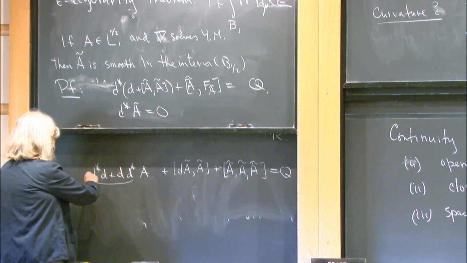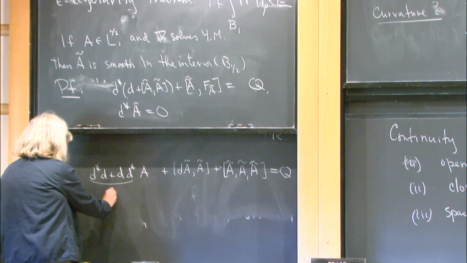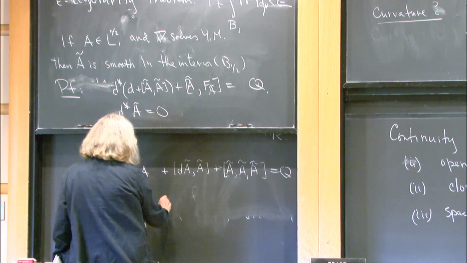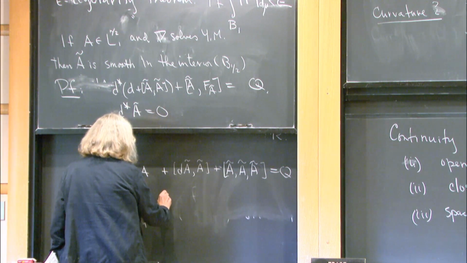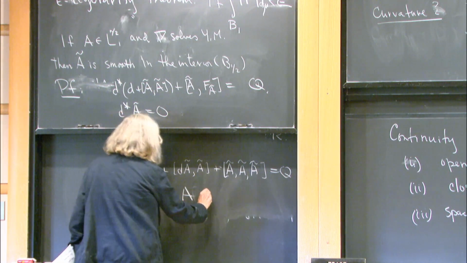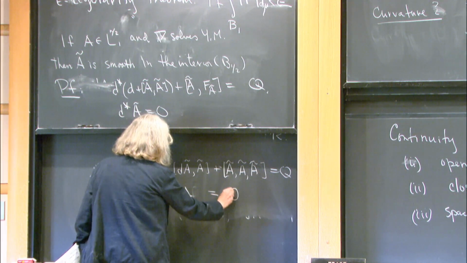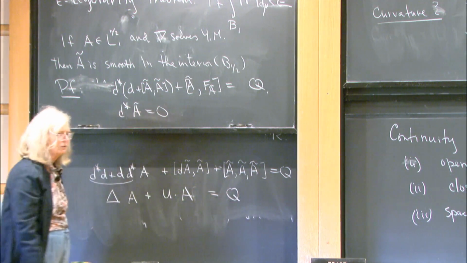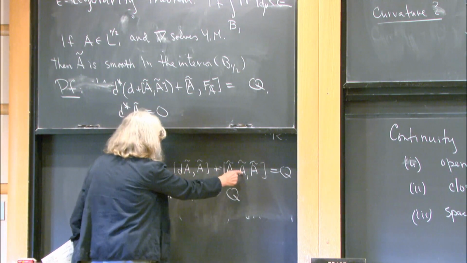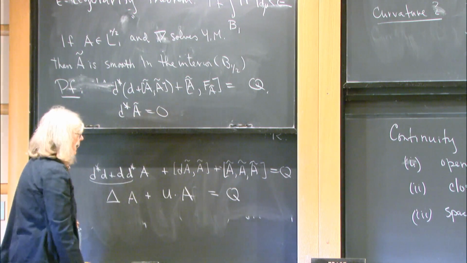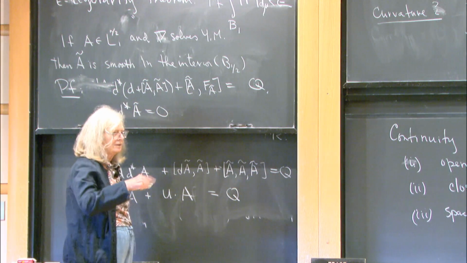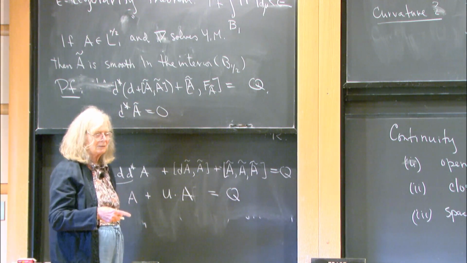So this is just the Laplacian of A plus some term U times A, equal to Q, and again, Q is regular, and U is made up of dA and A bracket A. Well, dA and A bracket A are in L^{n/2}, which is exactly the right space that we can use to get estimates.